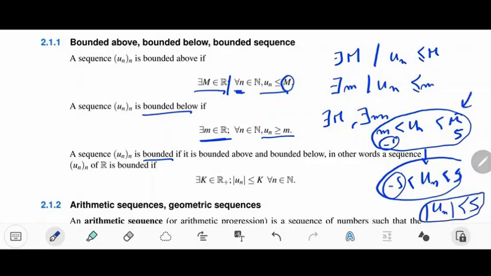So we say that there exists a number, which is 5 in this case, such that the absolute value of Un is less than 5. This can always be done. We can always choose the same number and say that the absolute value of the elements of the sequence is less than this number, instead of saying that there exist big M and small m. That's why if a sequence is bounded, then it's bounded above and bounded below. Then there exists a number that I call here k, such that Un in absolute value is less than k.